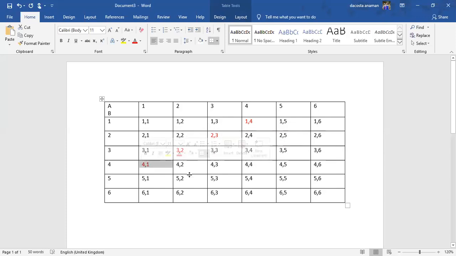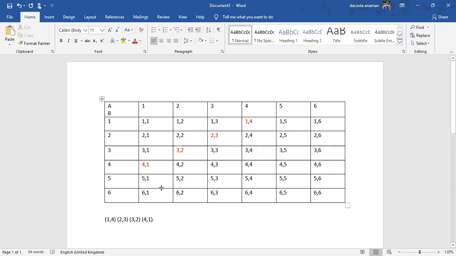What else? It's finished. That's all. Is that okay? So you just have to list them. 1 and 4. 2 and 3. 3 and 2. 4 and 1. Is that okay?